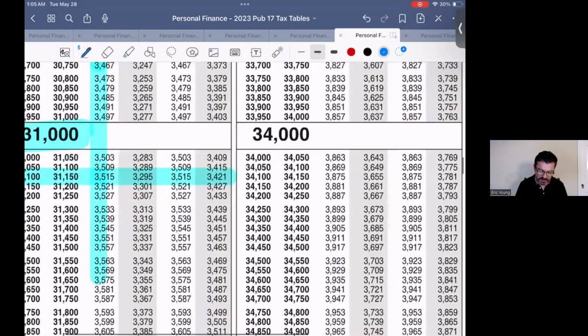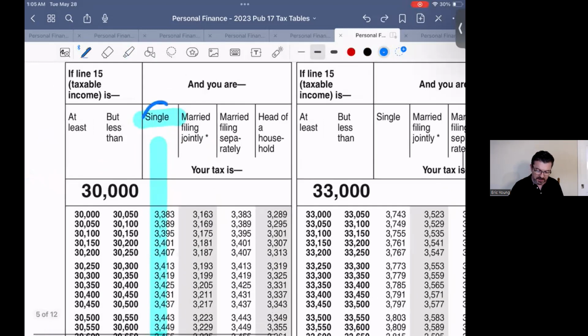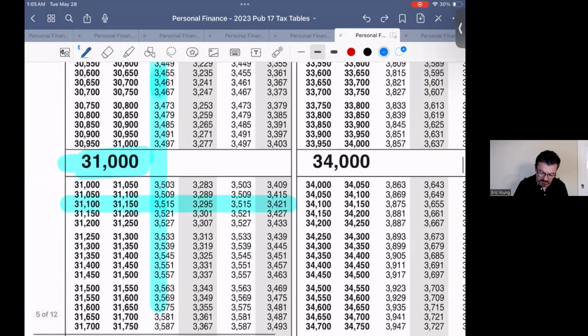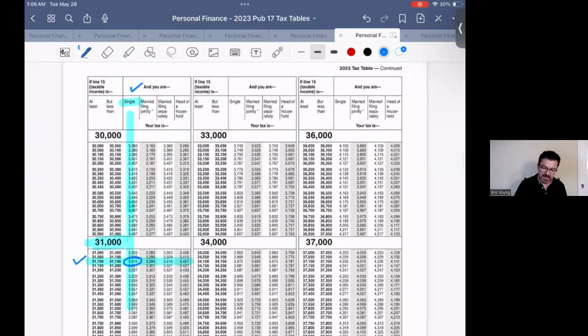The intersection point of this bracket and this filing status is right there, 3515. In other words, these tax tables, by taking your taxable income and your filing status, save you having to go through bracket by bracket by bracket, and they just give you the overall number. They do all the hard work for you. And that's what those are.